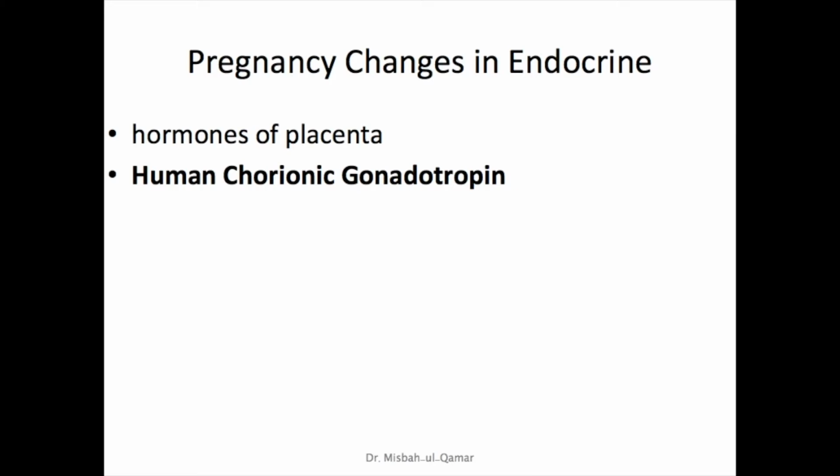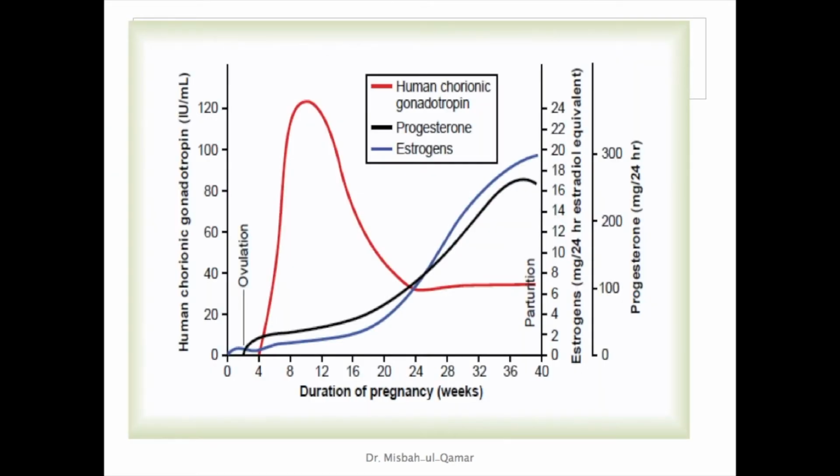So, the secretion is measured 8 to 9 days after the ovulation, shortly after the blastocyst implants. The human chorionic gonadotropin causes the persistence of corpus luteum and prevents menstruation.